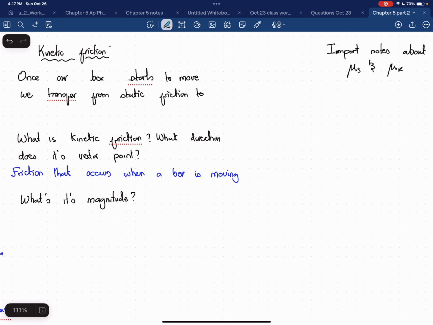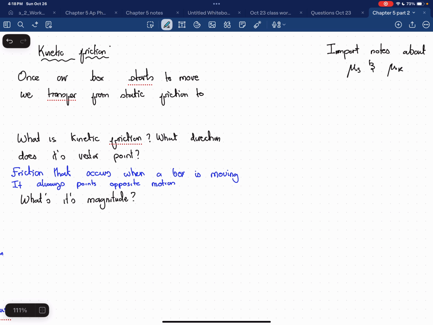What direction does it point? It always points opposite to the motion. If my object is moving to the left, it will point to the right. If my object is moving to the right, friction will point to the left. If my object is moving down a ramp, friction will point up the ramp.